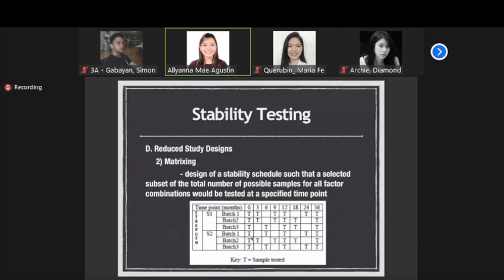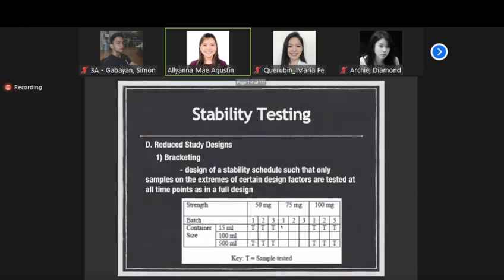No? So, ayan. You have your matrixing. So, in a way, na-reduce pa rin yung burden mo ng pag-test, but well-represented pa rin lahat. No? Na-test pa rin lahat, as compared dito na extremes lang talaga.